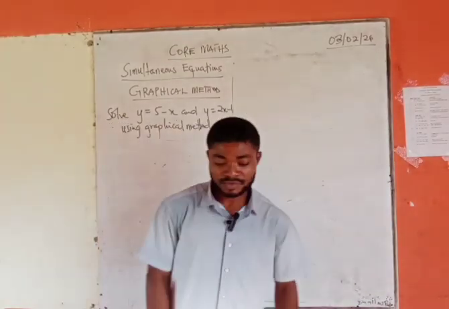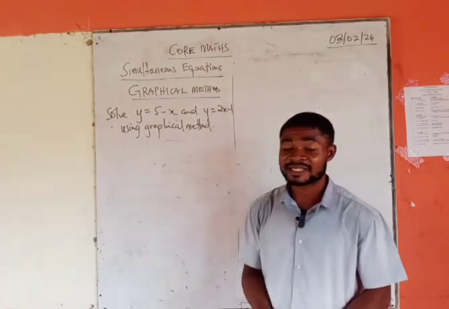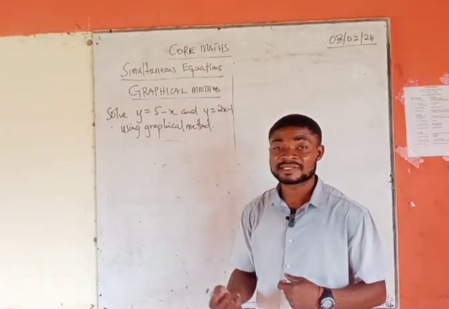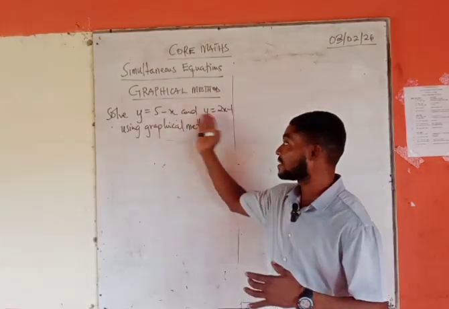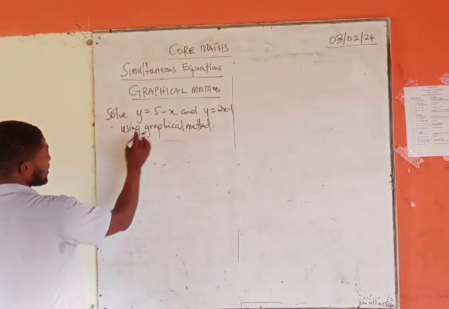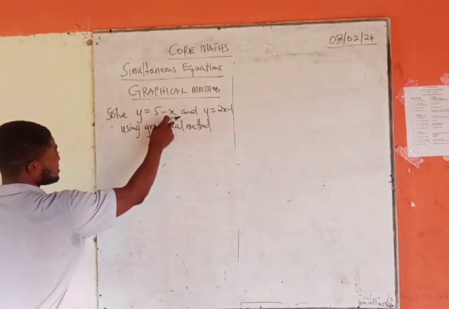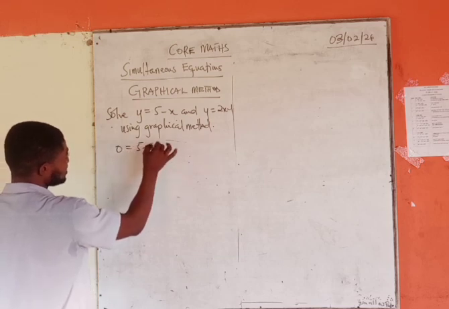Yes, so we are to solve y is equal to 5 minus x and y is equal to 2x minus 1 using the graphical method. Like I said, first of all, we need to write the two of them in their linear equation form. Here we send the y to this side so that it becomes 0 is equal to 5 minus x minus y.